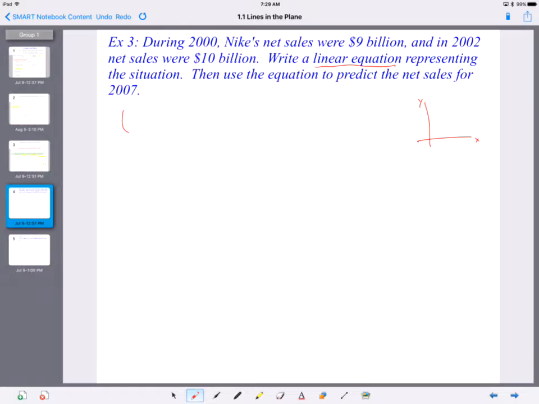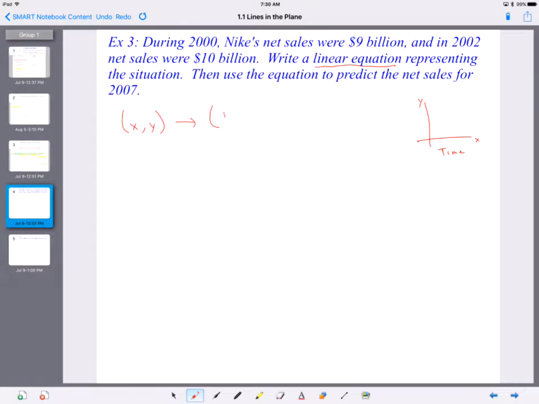So on this one, this ordered pair that we're going to have to set up, what does it represent? What is the input value? What is your x-axis down here? Well, you're dealing with two things. You're dealing with time, and you're dealing with money. So when you're dealing with time, that's going to be your independent variable.